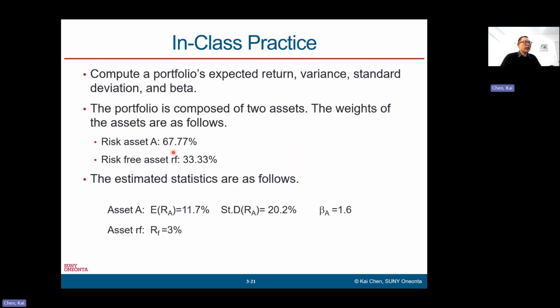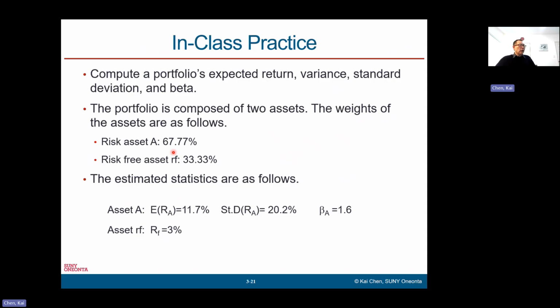First one, the expected return of each asset in the portfolio. Second one, the covariance between any pair of two assets in the portfolio. And the third one is the beta of each asset in the portfolio.